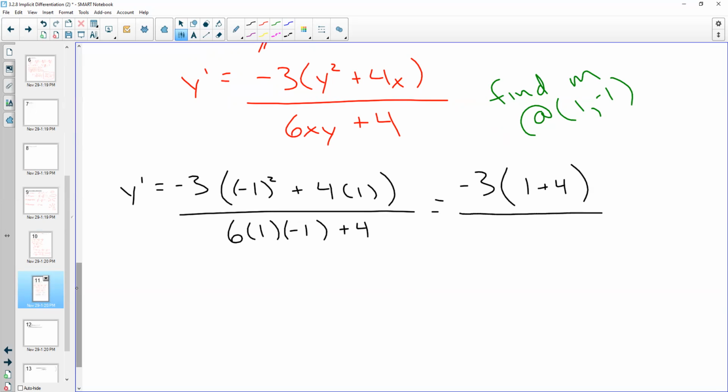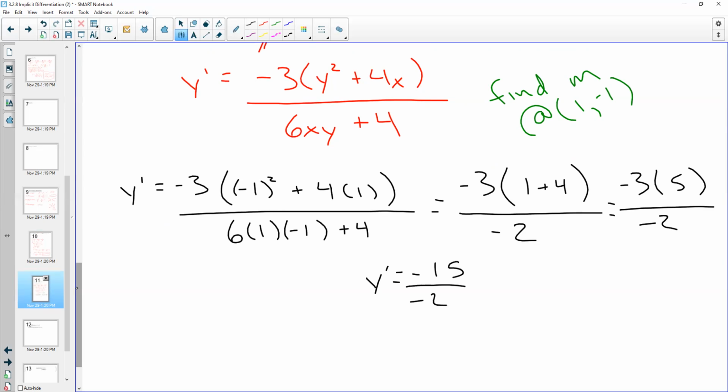And over here we have 6 times 1 is positive 6 multiplied by negative 1 is negative 6 plus 4 is negative 2. Okay. Negative 3 multiplied by 5 over negative 2. Y prime is equal to negative 15 over negative 2.